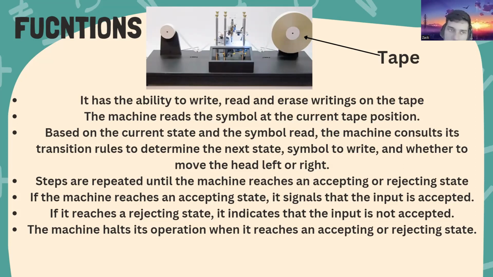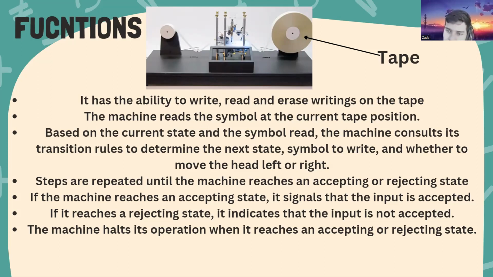As you can see, the white round thing on the right is the tape, and it will move from right to left. The first function it has is the ability to write, read, and erase writings on the tape. So this machine can read, write, and erase the symbols on the tape itself. And then next, the machine reads the symbol at the current tape position.